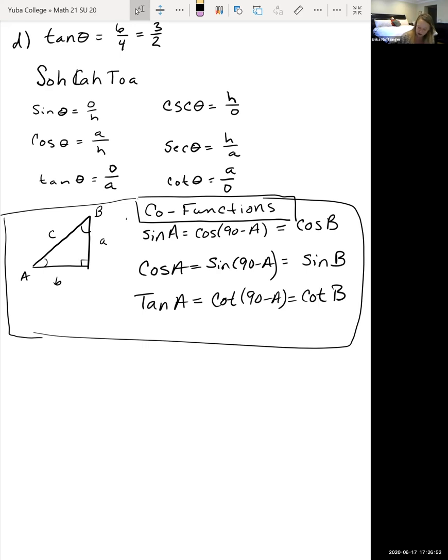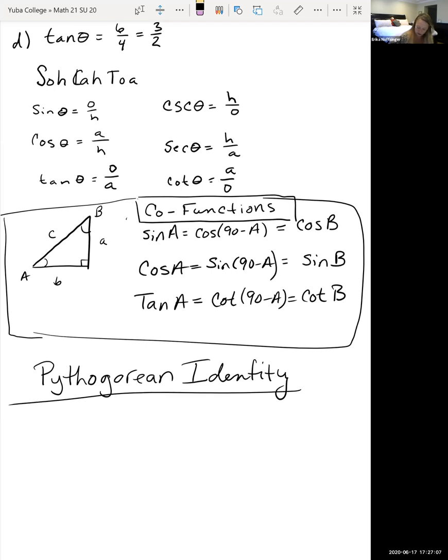We also saw the Pythagorean identity for trigonometry, where we saw that sine squared theta plus cosine squared theta, and it doesn't matter the order you add things, so cosine squared could come first, sine squared theta plus cosine squared theta was equal to 1.